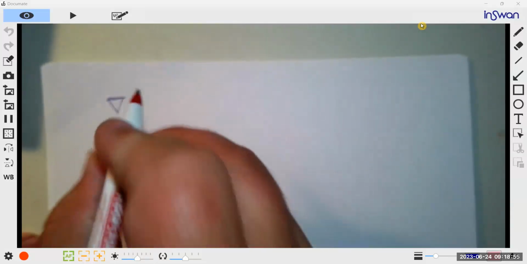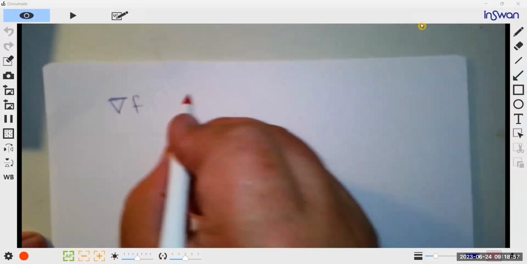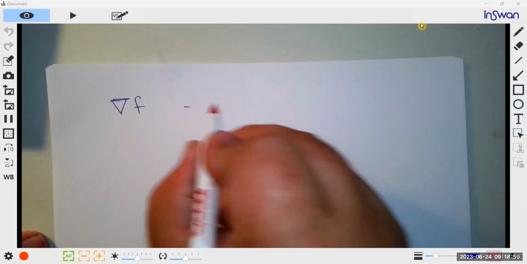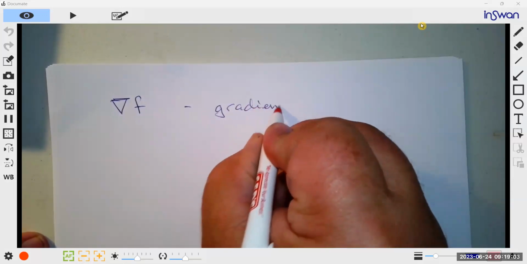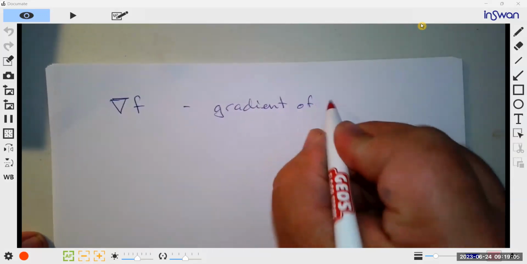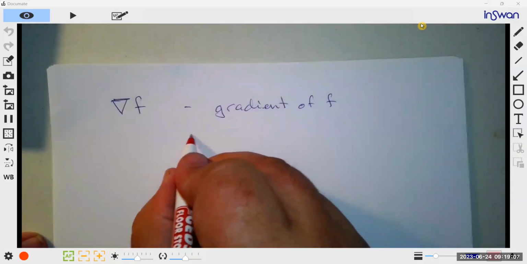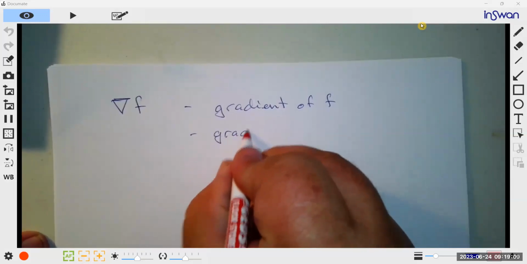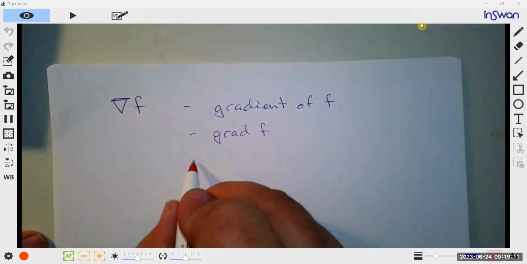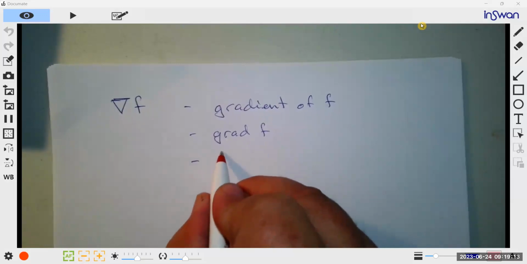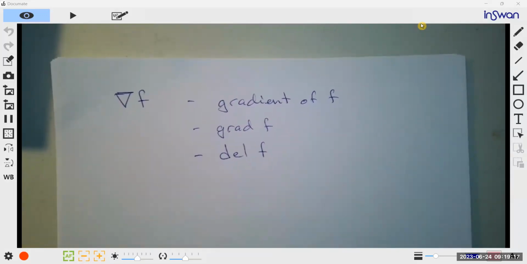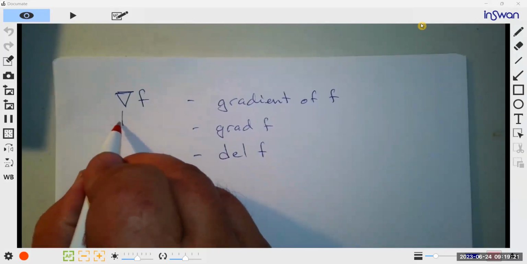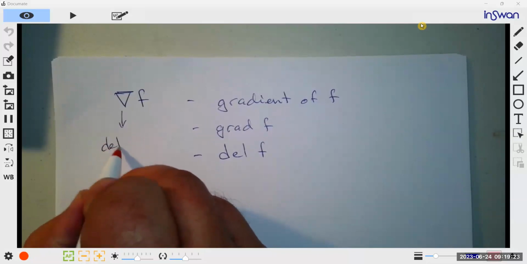This notation is read the gradient of f, or grad f, or the most common one that people use is del f, because this symbol here is referred to as the del.